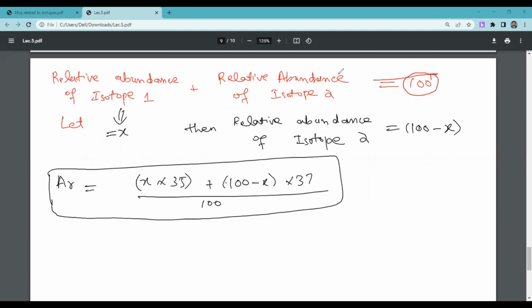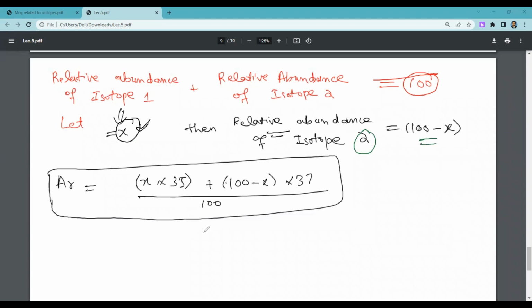It means that if I represent the relative abundance of isotope 1 as x, where x can be any number, then we can represent the relative abundance of the second isotope by 100 minus x.